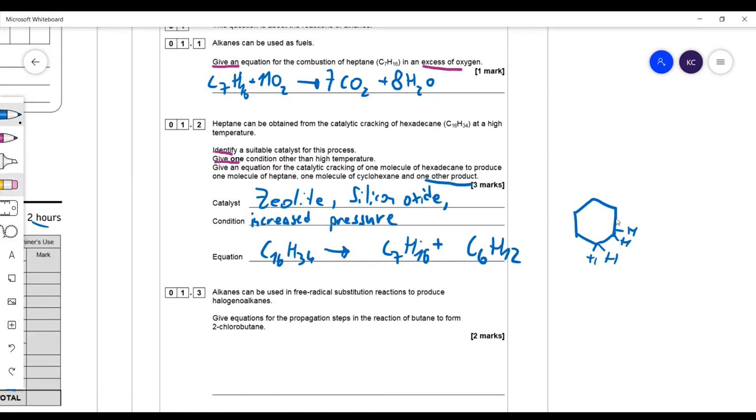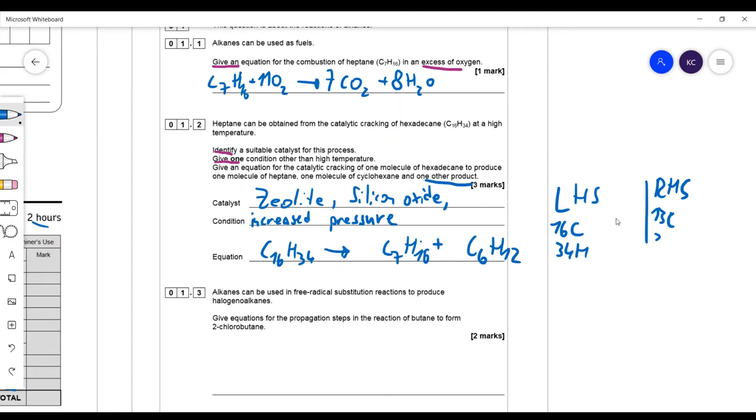We'll figure out what the other product is. We're going to write down what is on the left hand side and what is on the right hand side. On the left hand side we have 16 carbons and 34 hydrogens. On the right hand side we have 13 carbons, 7 from the heptane and 6 from the cyclohexane. And how many hydrogens do we have?